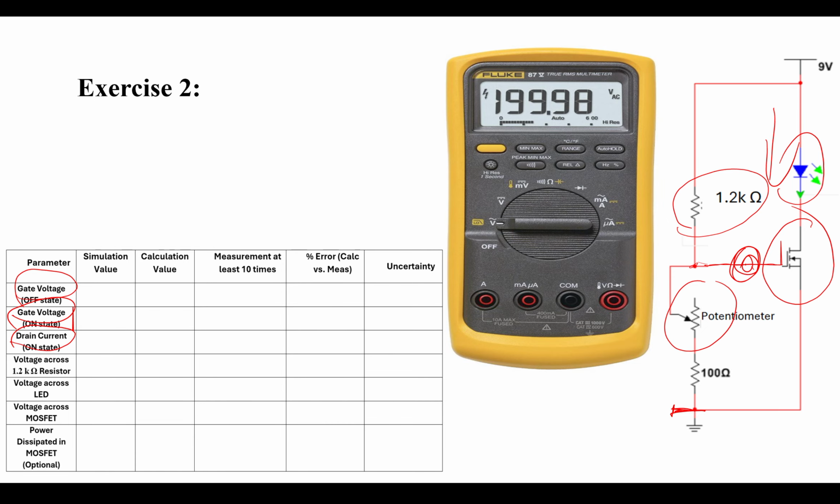Okay, and the rest is very easy. Voltage across the 1.2 voltage here, voltage of LED, and the voltage across MOSFET, which is the voltage between the drain and source. And I think you already know how to use the voltmeter.